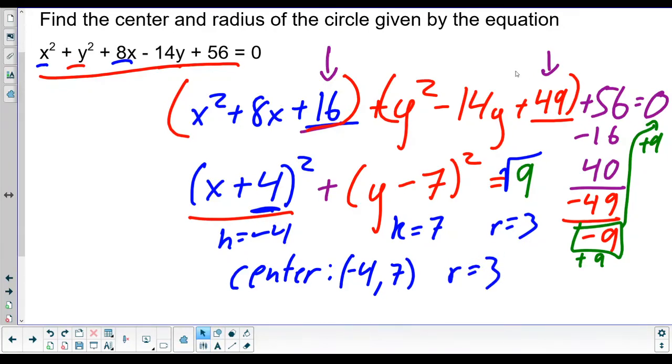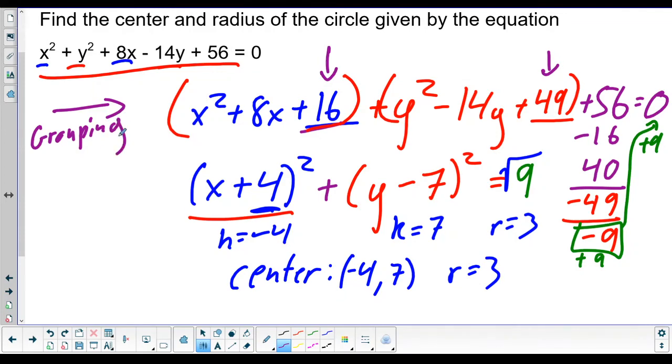All right. This can be a daunting process because completing the square is not the most intuitive thing in the world. So what you want to do is, let me try and write some steps here. You want to start by grouping variables. So put your x's together. Put a little space where we're going to fill in later. Group your y's together. Put a little space holder that we'll fill in later.